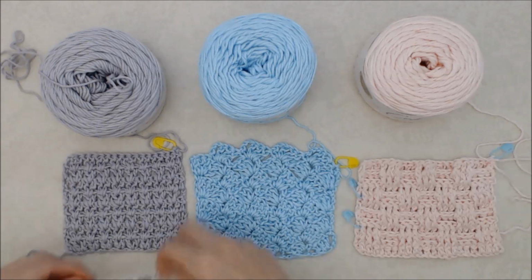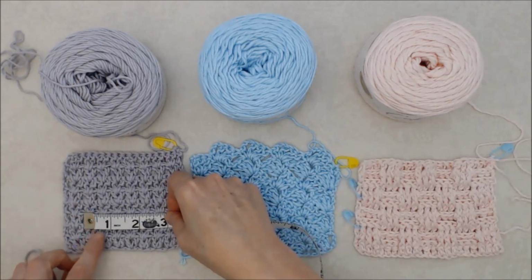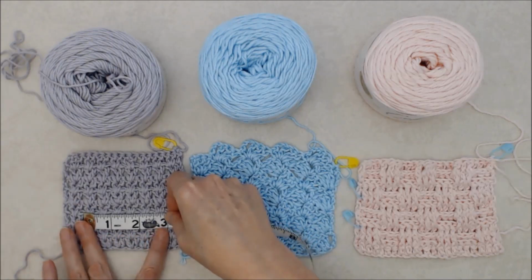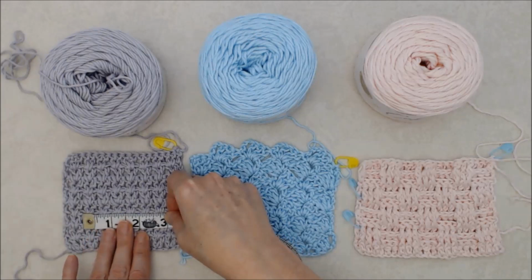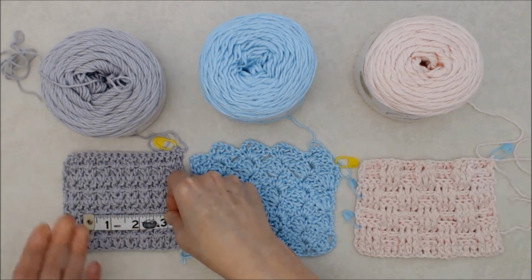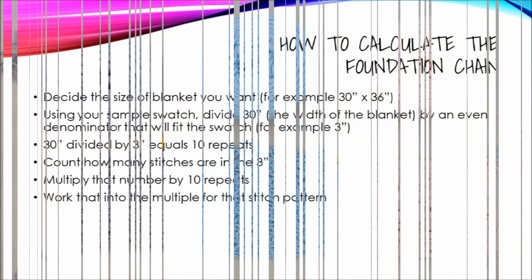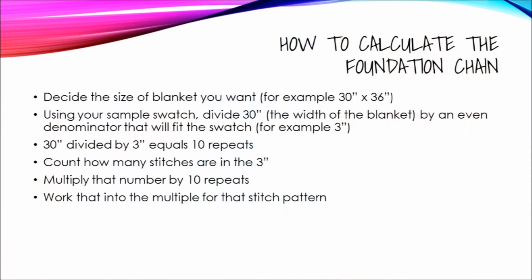Just take your tape measure and count how many stitches are in that 3-inch piece. You then multiply that by 10 repeats and you work that multiple into the stitch pattern. I'll show you how to do that for each of these designs. You can pause this here and review these written directions, and then we'll carry on.